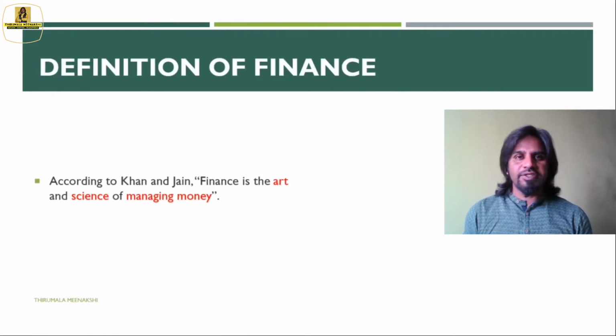According to Khan and Jain, finance is the art and science of managing money. Most of us, whether individuals or companies, know only one thing as far as money is concerned, that is how to spend money, but very few know how to manage money, and only those who manage money have achieved success in finance or money matters.